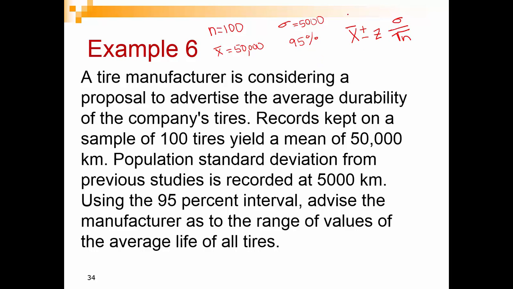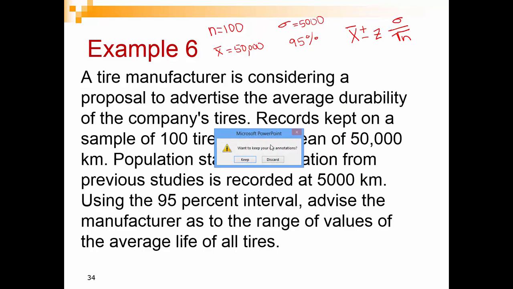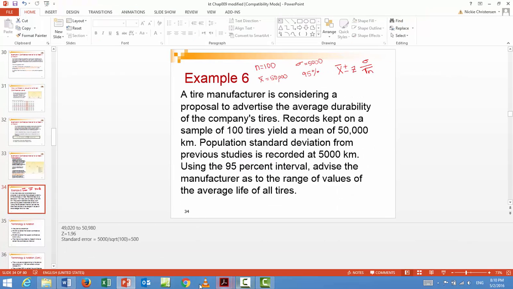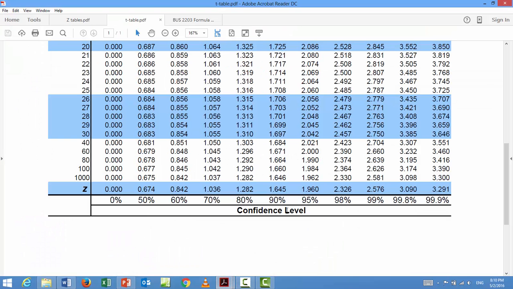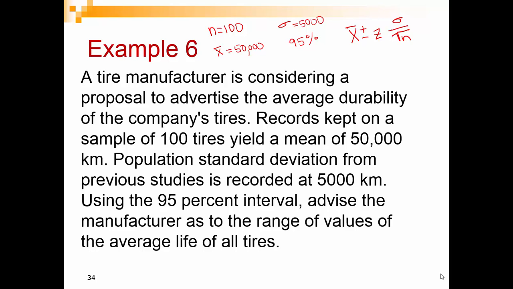Our formula is x bar plus and minus our critical value of z times the standard error. We want 95%, so we'll go to our table. At 95%, the critical value of z is 1.96. It's just a simple matter of finding the confidence level, and directly above will be the critical value of z. So our z value is 1.96, and then we just slot in our values.